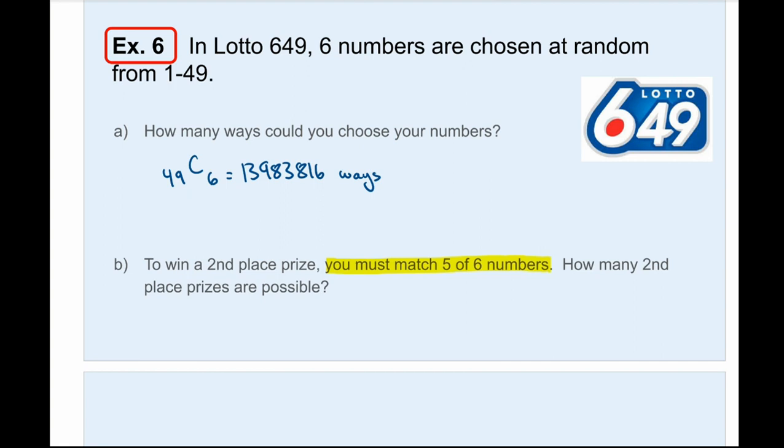So that means in our scenario, 5 of the numbers must be correct. And out of all my options, there are 6 correct numbers. In terms of winning numbers, there are 6 correct ones. I don't know what they are, but I just know that there are 6 of them. So 6 choose 5, and this is going to be for the number of winning numbers.